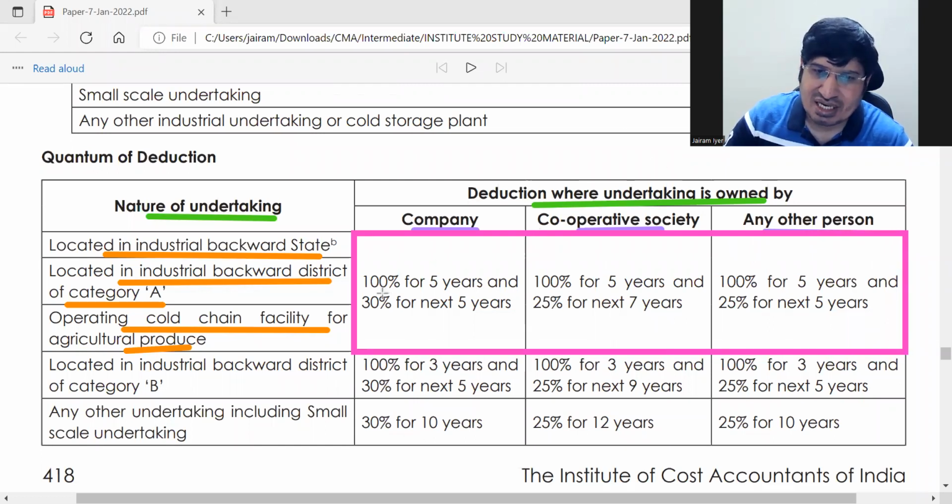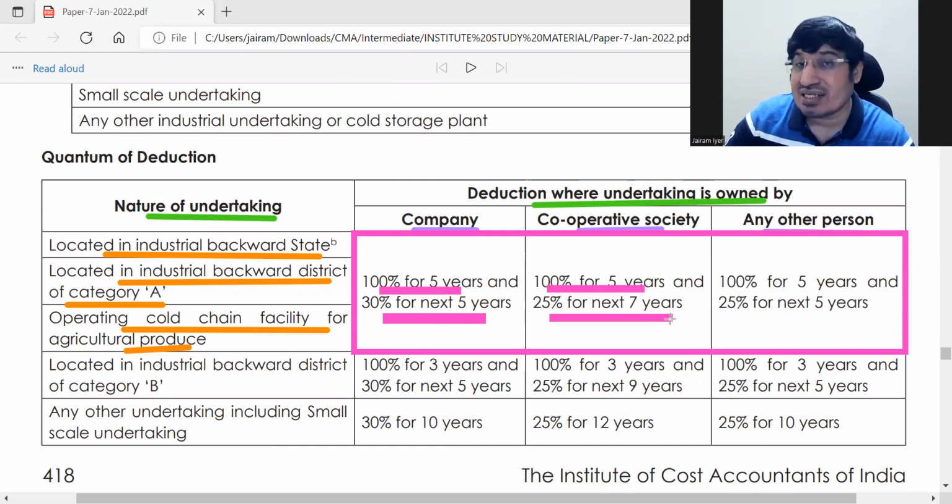What is it? देखेंगे here 100% for first 5 years and 30% for the next 5 years. ठीक है, 100% and 30%. Here 100% for 5, 25% for the next 7 years. Okay, here again 100% for 5, 25% for next 5. Okay, got it? बस यही आपको ध्यान में रखना है.